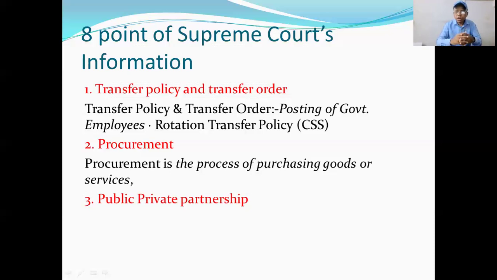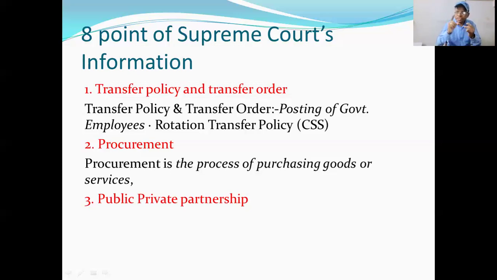Then the second point is procurement. In each and every public authority, they are purchasing. Procurement means the process of purchasing goods and services for our public authority.